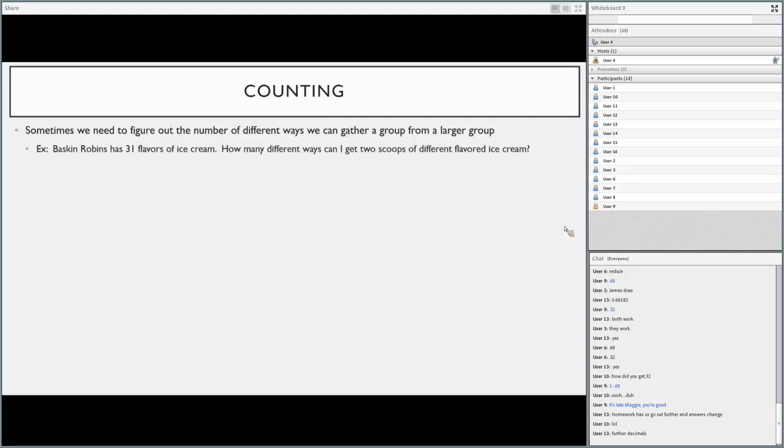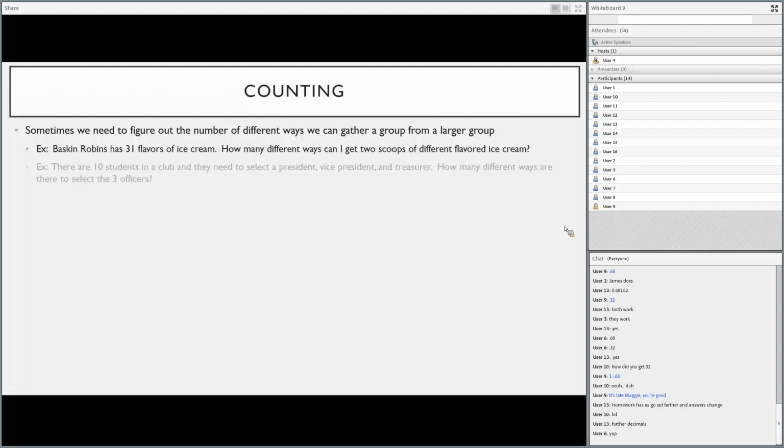Okay, so sometimes we need to figure out the number of ways we can gather a group of things from a larger group of things. So for example, Baskin Robbins, an ice cream shop, has 31 flavors of ice cream.